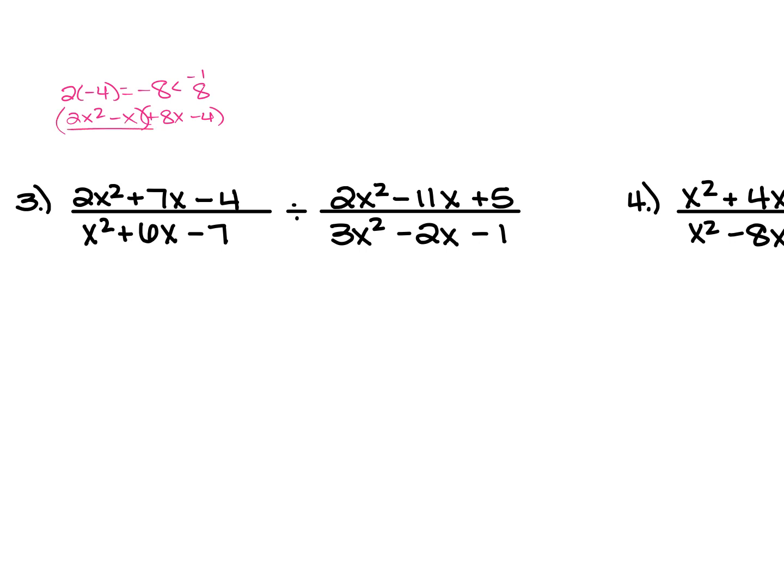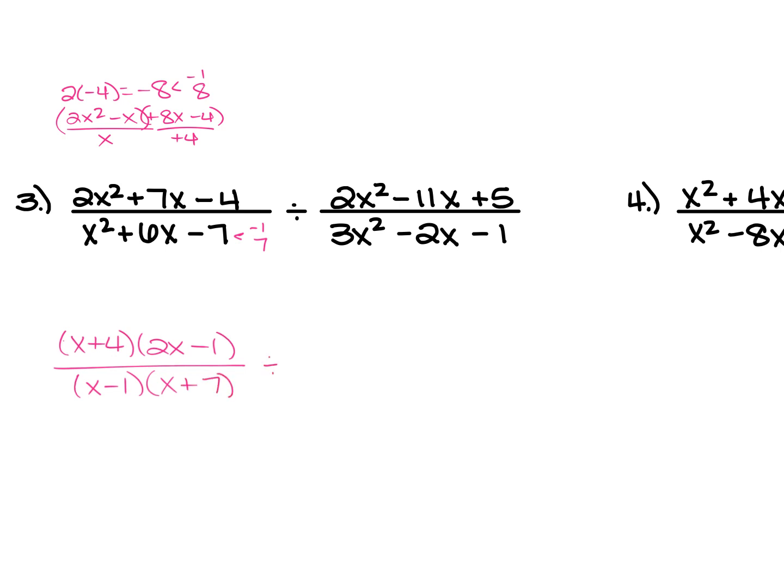Group them. Factor out an x from the first, a positive 4 from the second. That gives you x plus 4 times 2x minus 1. Bottom of that first fraction, your factors of negative 7 that add up to be positive 6 are negative 1, positive 7. So that's just x minus 1 times x plus 7.